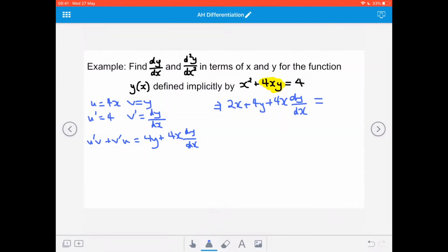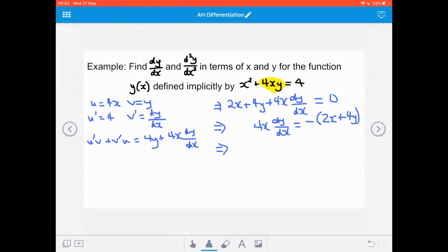And that's going to equal 0 because 4 differentiates to nothing. So now we want to take away that 2x and that 4y from both sides. So we're going to be left with 4x dy by dx equals, and I'm going to put it into a bracket, negative 2x plus 4y.